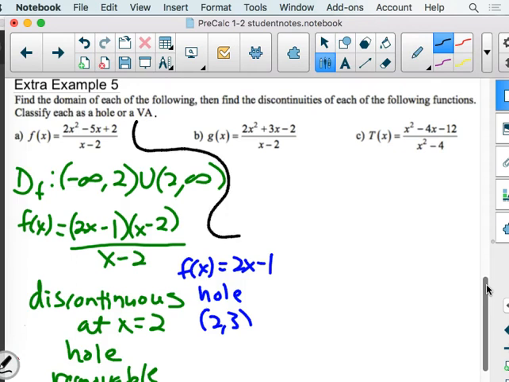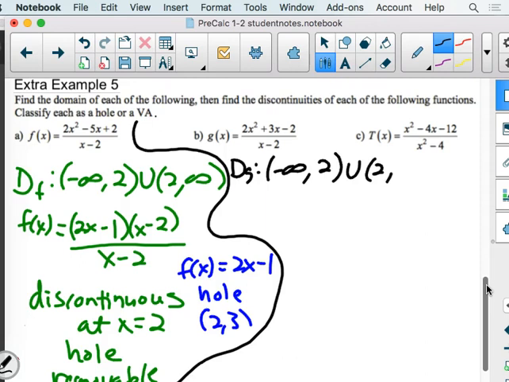Well, we've got an x minus 2 down there again. So that means we're going to have our same domain. I'm going to have trouble putting this on here to keep writing so big. There's our domain. Different numerator. So let's see if we can get that factored.